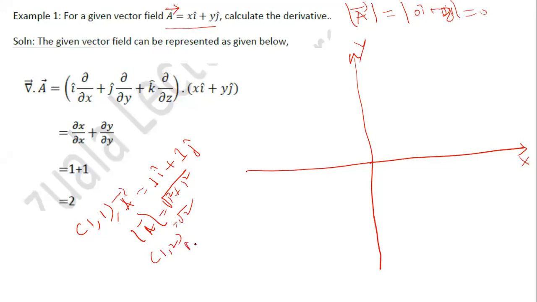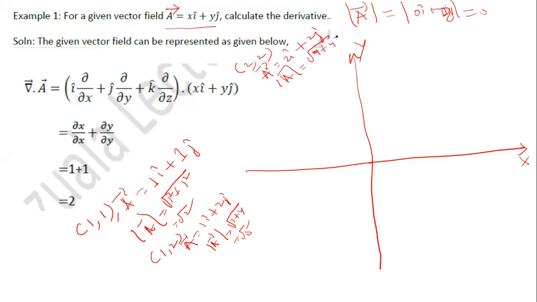Then your vector A will become 1i plus 2j, and the magnitude will be square root of 1 square plus 2 square, which is 4, so square root of 5. Or if you go further to another point, 2, 2, there your vector will be 2i plus 2j, and the magnitude will be square root of 4 plus 4, square root of 8.